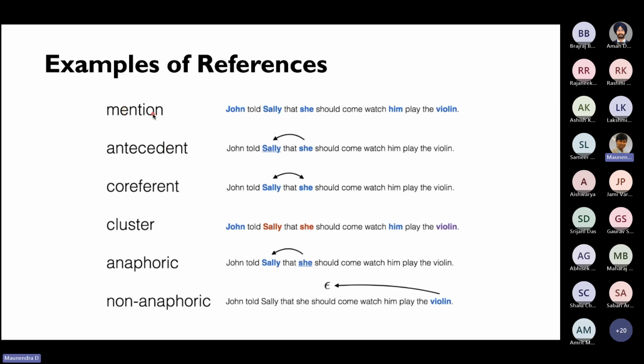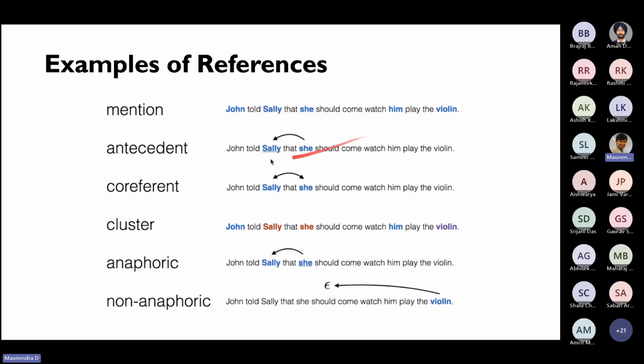In the case of anaphora resolution, one very commonly used terminology is mention. Mention means typically the words which are candidates for either referent expressions or referring expressions. Look at this sentence: John told Sally that she should come to watch him play the violin. Here John, Sally, she, him, violin are candidates for being either the referents or the referring expressions.